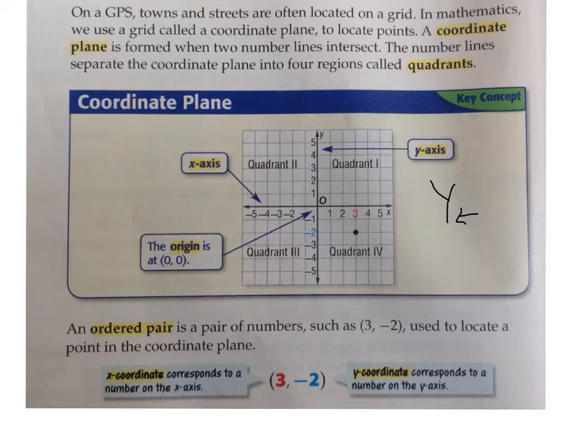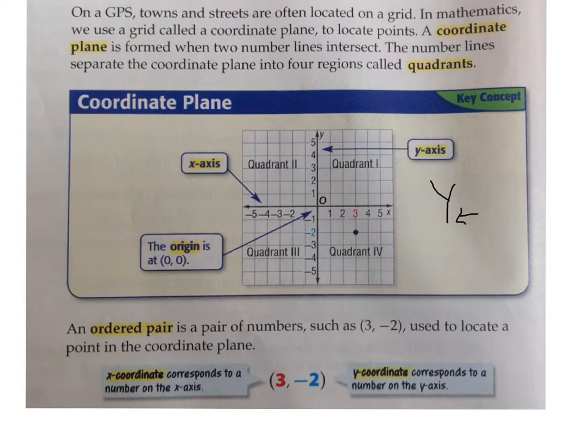Now, the reason we need to know where the x and the y-axis are is sometimes we'll have what's called an ordered pair. In an ordered pair, I know you've seen these before, they're always in parentheses, and that will help us to find a place on this coordinate plane here. And so the first number in an ordered pair is the x-coordinate, and the second number is the y-coordinate.